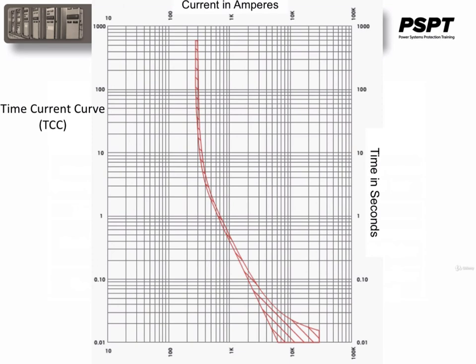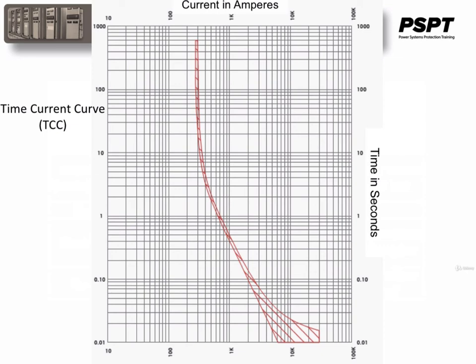A time current curve, or a TCC, plots the interrupting time of an overcurrent device based on a given current level. These curves are provided by the manufacturer of electrical overcurrent interrupting devices such as fuses and circuit breakers. The shape of the curve is dictated by both the physical construction of the device as well as the settings that are selected in the case of circuit breakers.